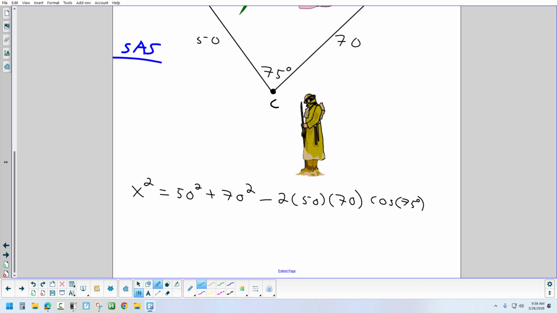So let's do what we can, combine like terms, and then we're going to need the calculator to get the answer. 50 squared is 2,500. 70 squared is 4,900. 2 times 50 is 100, times 70 is 7,000, and that's multiplied by the cosine of 75.